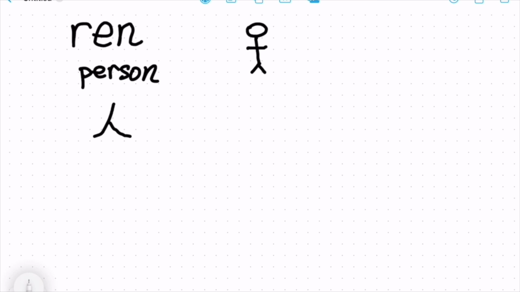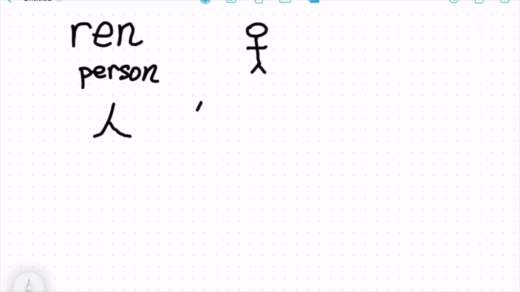I don't see an obvious way to go from this picture to this. So I don't have a story for you. I will write 人 a few times so that you can see the pattern. This is one of the easier characters to write.